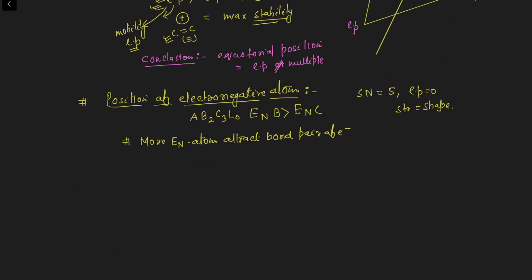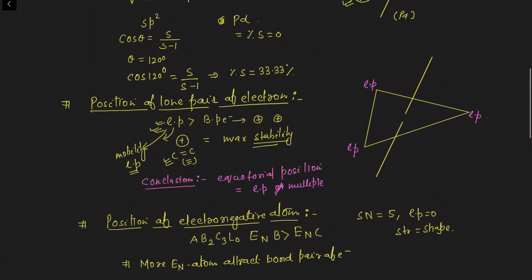Behind this statement there is a very big discussion, but I will not go into that discussion now. So for making a polar bond, what is required? The requirement is that you should put the electronegative atom at that place where it can pull the bond pair of electrons.